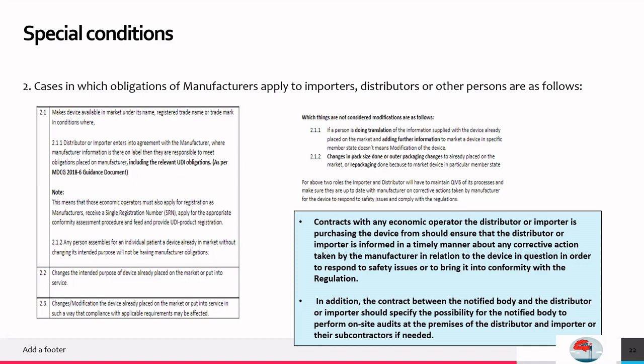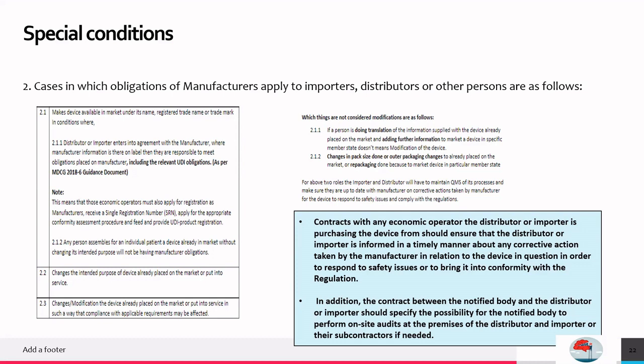Apart from the normal obligations, that agreement also takes place. If that happens, the obligations of the manufacturer are transferred to the other parties. So those economic operators must also apply for registration as a manufacturer, receive a single registration number, apply for conformity assessment procedures like an individual manufacturer, and provide UDI product registration.